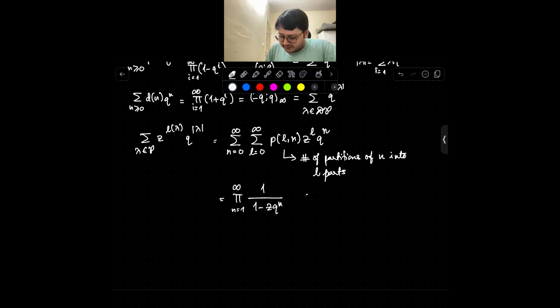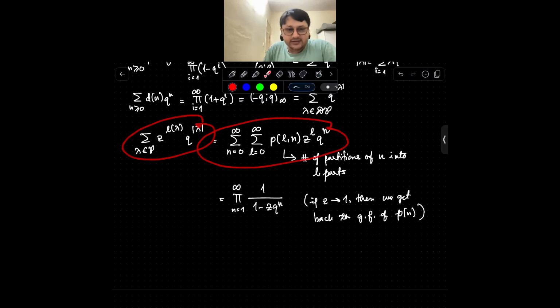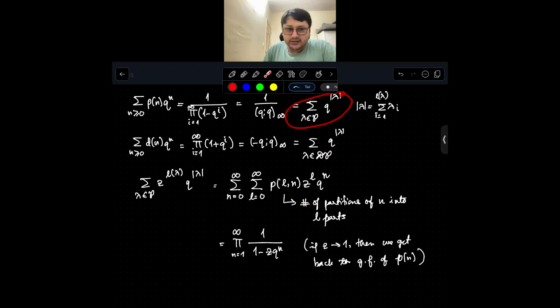Okay, and if you set z going to 1, then we get back the generating function for partitions. And this is what it should be, right? So if in this quantity you set z equal to 1, you should get back this previous quantity, correct?